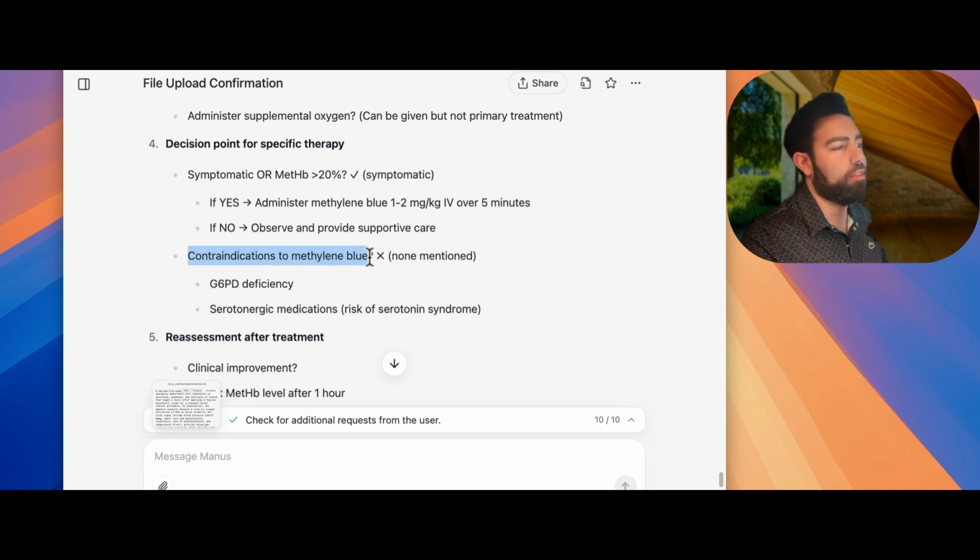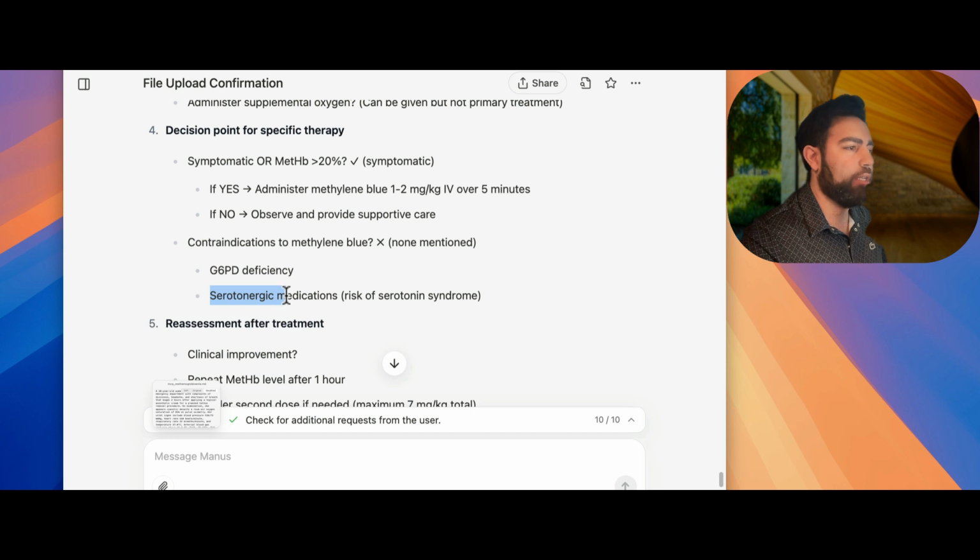Contraindications to methylene blue, very important. They try to tell you the patient has a history of G6PD deficiency, presents with the symptoms of methemoglobinemia. If the patient has this, you cannot use methylene blue. If they tell you the patient is on serotonergic medications, there is a risk for serotonin syndrome.